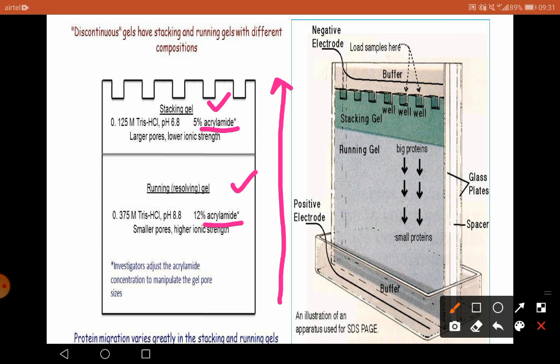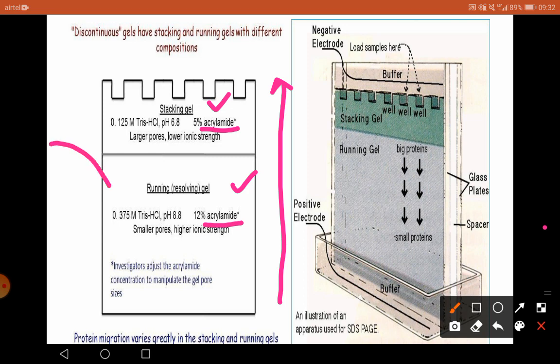Okay. So here what we do is we take two sheets of glass plates, and in between we seal these plates at the bottom. One plate is placed over another, and spacers are placed to make the wells, and then the gel is poured.